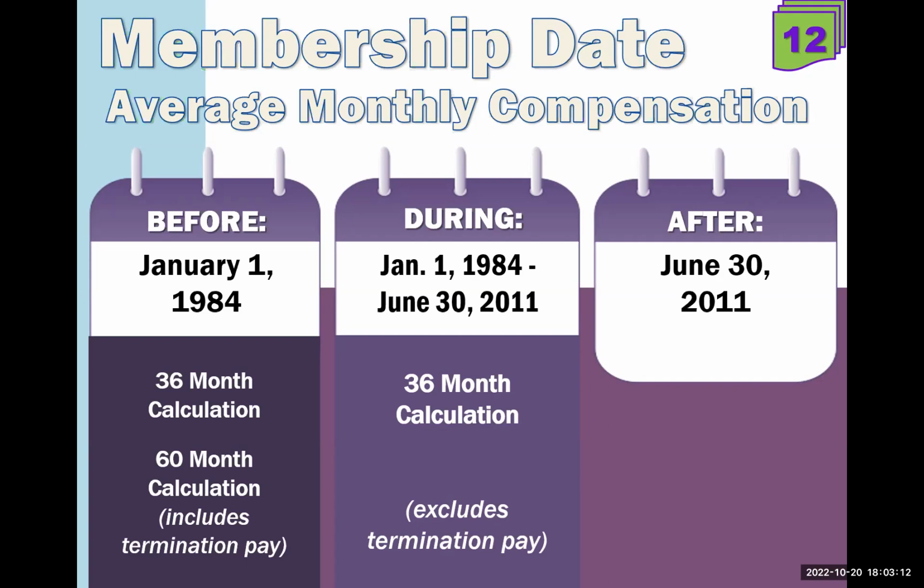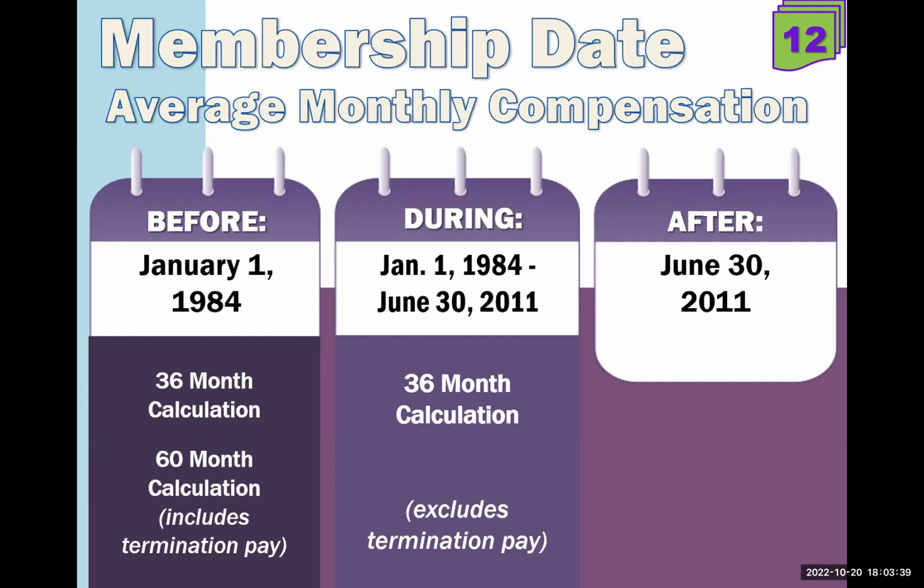For all members starting on or after January 1st, 1984, termination pay is no longer used in the calculation. Now, that doesn't mean you're not entitled to your termination pay. You are, but we're just not going to be using it in our calculation. You will still be paid that termination pay from your employer, and no contributions will be withheld.